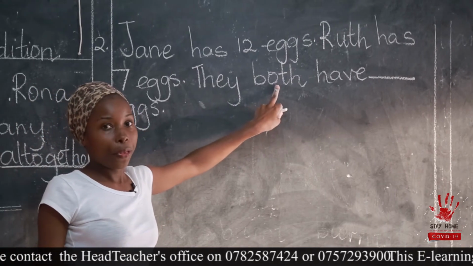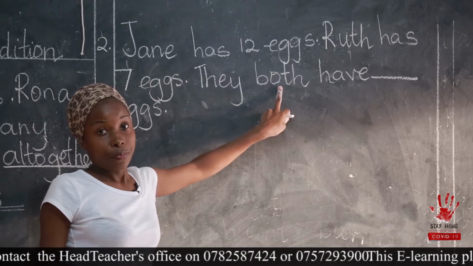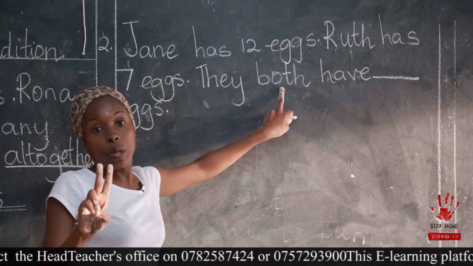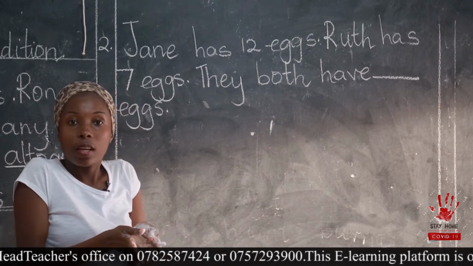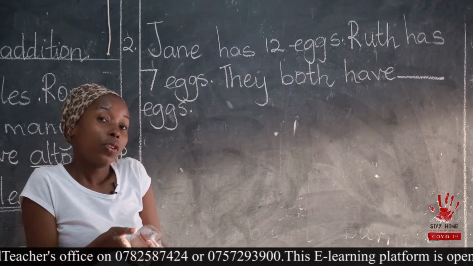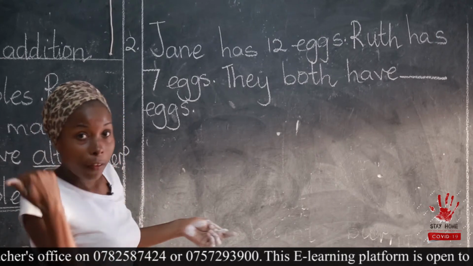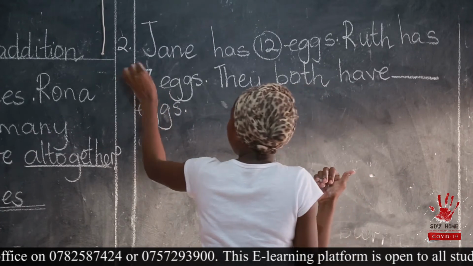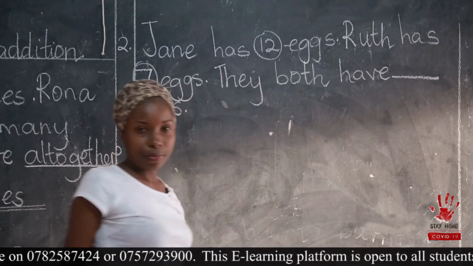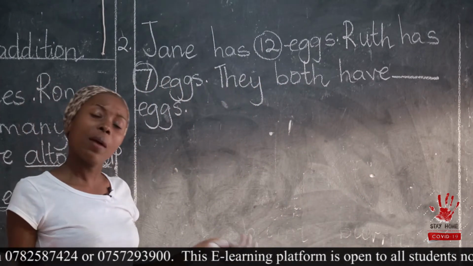Have you seen the word both? That means 2. It's the same as all together. It is calling for addition. You're going to add. First step, I told you, is to circle the numbers involved. When you circle them, I told you it becomes so easy.